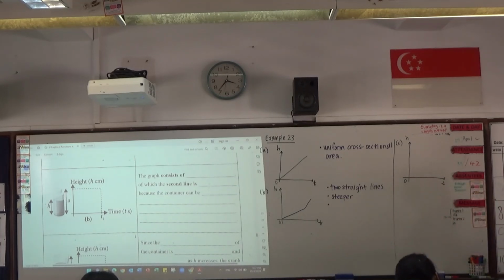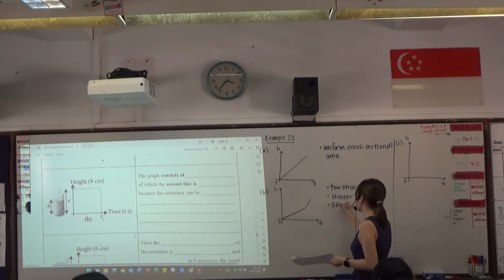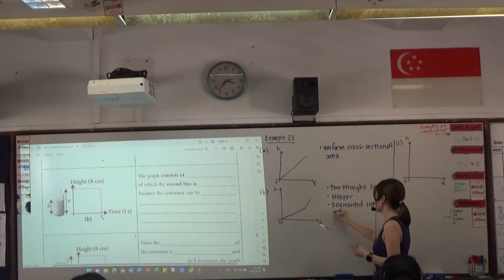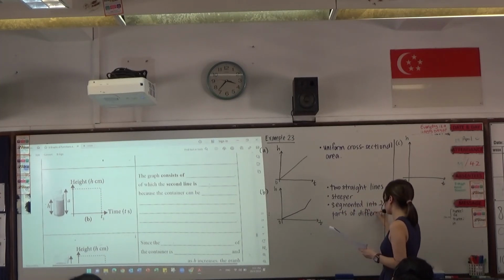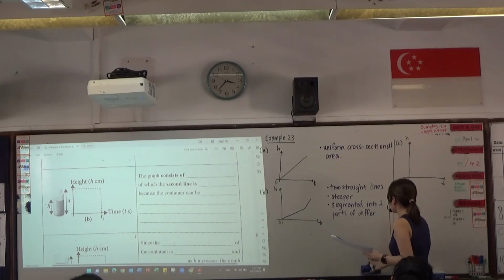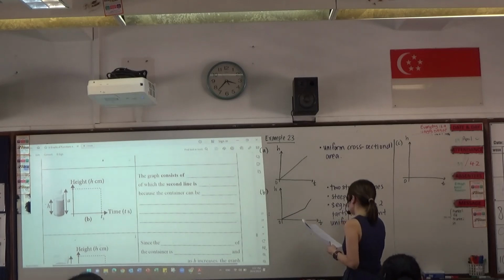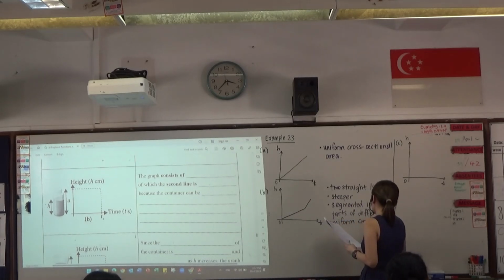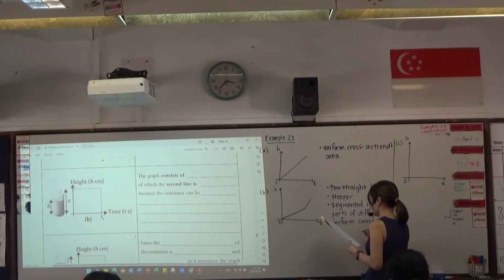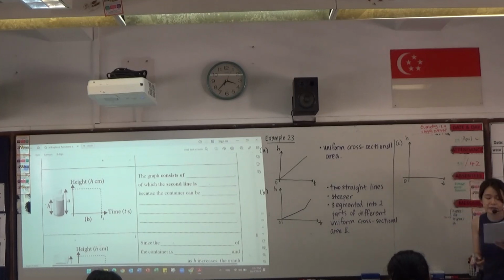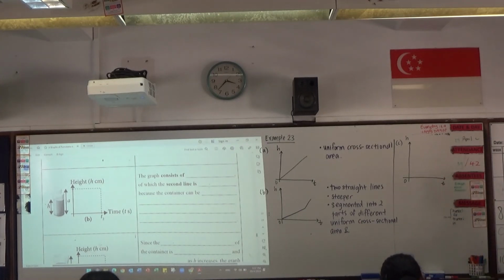And the third blank, it is because the container can be segmented into two parts of different uniform cross-sectional area. And then also the bottom part has a larger cross-sectional area than the top part.